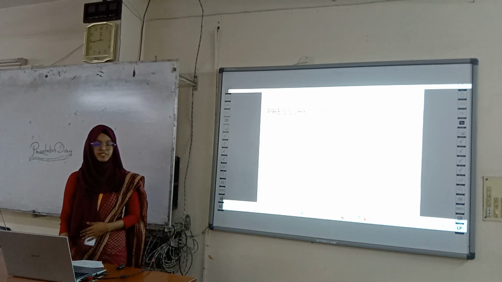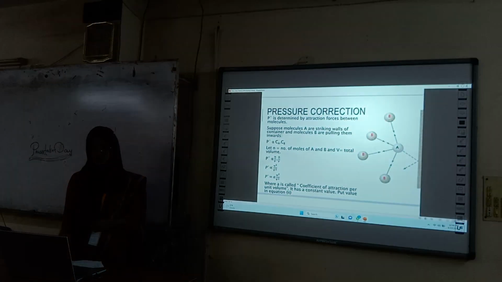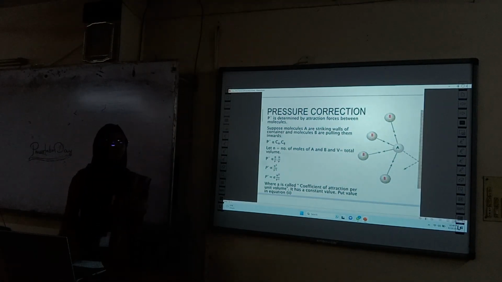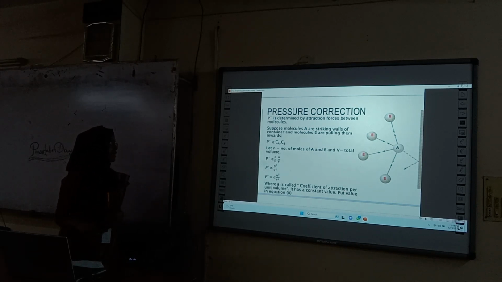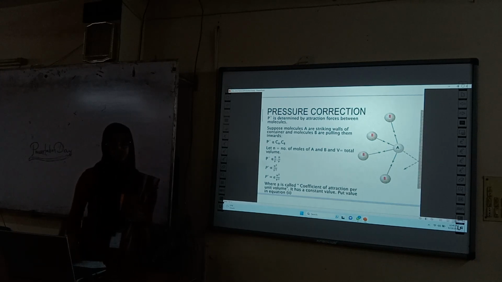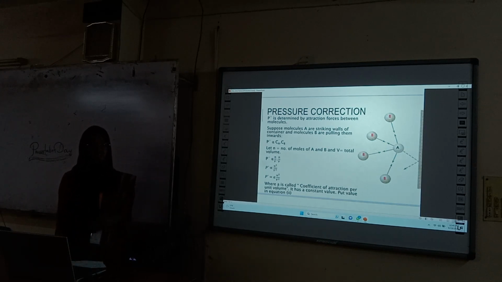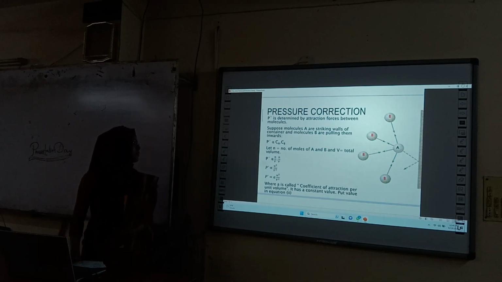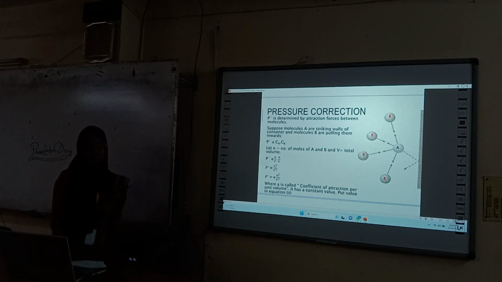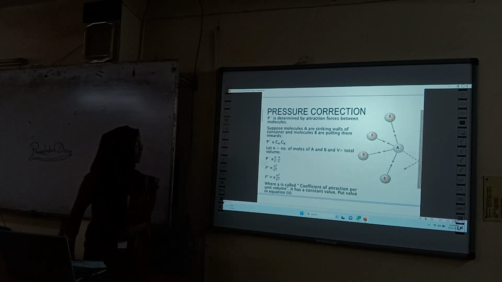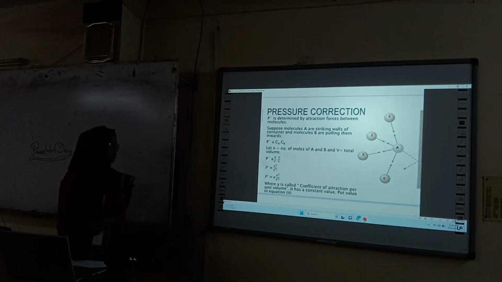Then the next slide represents the pressure correction also. Suppose molecules A strike the wall of the container and molecules B are pulling them inward. Then P dash is proportional to Ca into Cb. Here Ca and Cb represent the concentrations of A and B molecules. Let n equal the number of molecules of A and B and V the total volume.